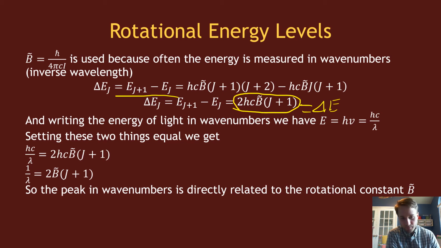Writing the energy of my light in terms of wave numbers, where 1 over lambda is the wave number nu tilde, the wave number simplifies to 2B times (J plus 1). So whatever wave numbers your peaks occur at are directly related to this B constant as well as the value of J.